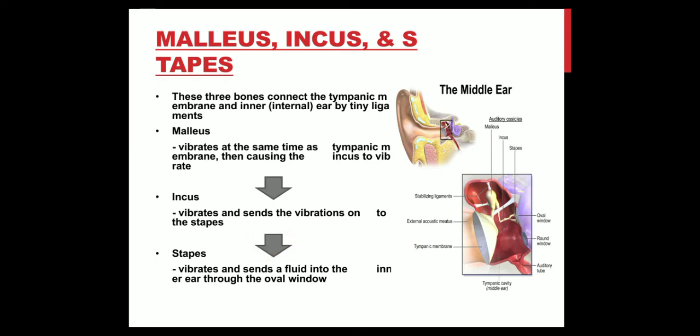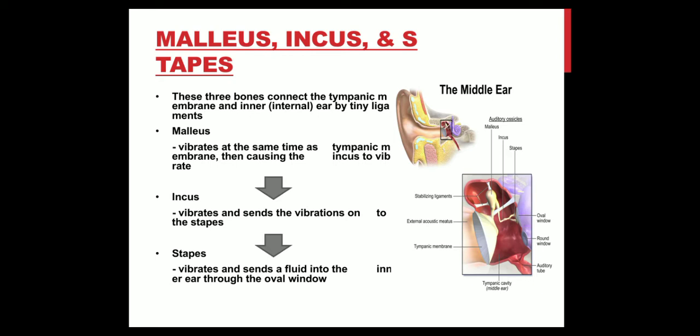This means the vibration is first received by the malleus from the eardrum, then passed to the incus, then to the stapes, and then the stapes passes the vibration to the internal ear for further mechanism. So this was the overall idea for malleus, incus and stapes, and their major function is only to amplify the sound vibration.